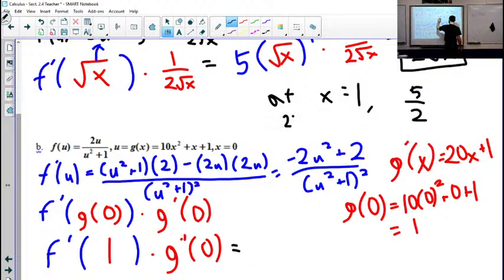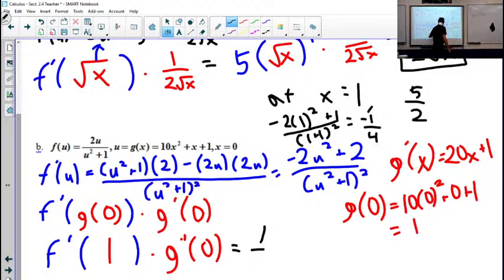That's going to be negative 2 times 1 squared plus 2, over 1 plus 1 squared. So negative 2 times 1, negative 2 plus 2 is 0... negative 2 plus 1 is negative 1 on top, and then 4 on the bottom. So I got a 1/4 there.